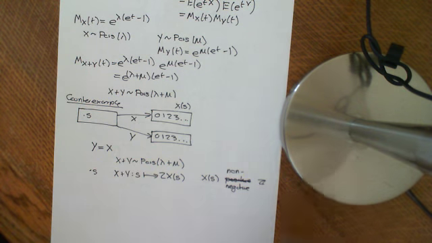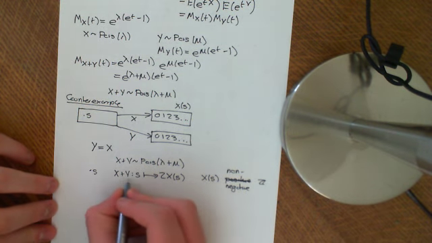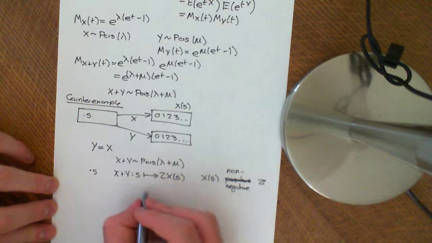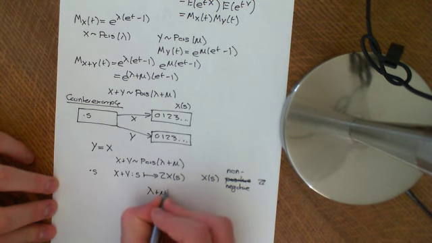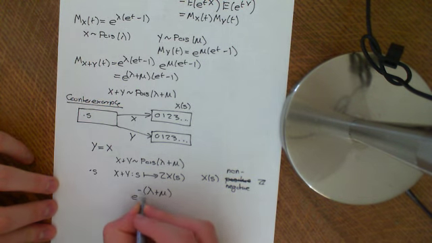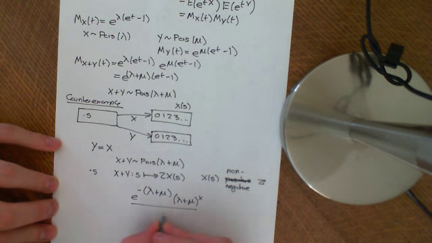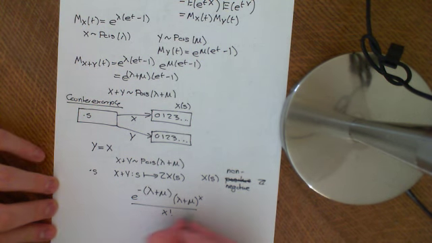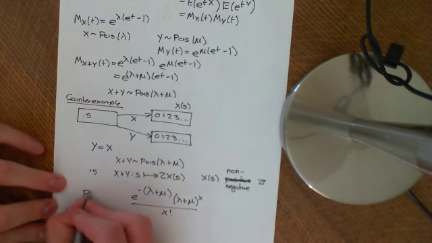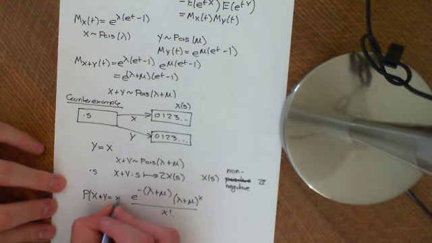If we look at the PMF of a Poisson distribution with parameter lambda plus mu, it will be (lambda plus mu) to the power of x, times e to the negative (lambda plus mu), over x factorial. That will not be 0 for odd values. So this is the PMF that x plus y is equal to some little x.